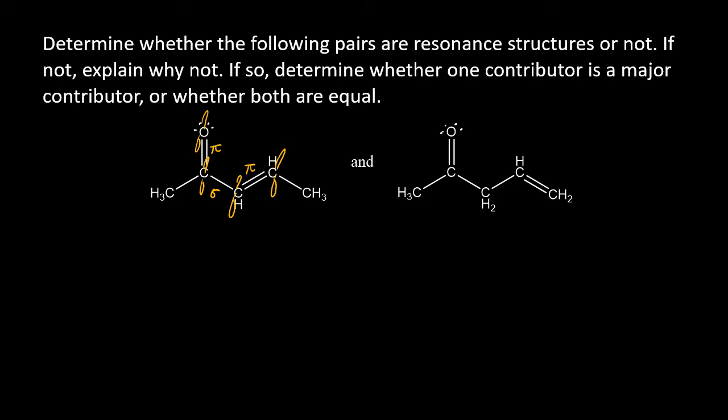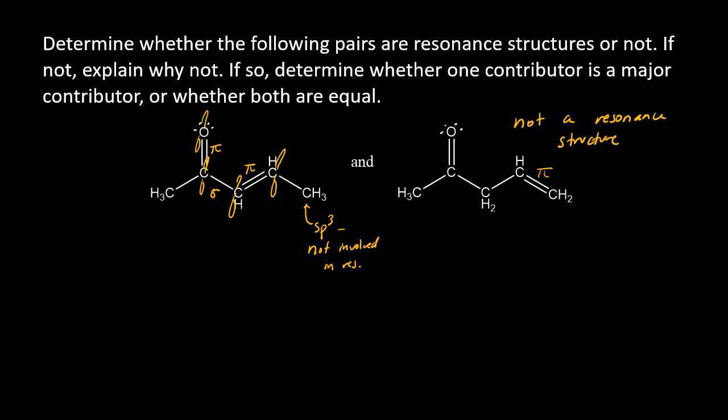But what we actually see over here is that this pi bond has moved outside of those 4 atoms. Okay, so remember that this was sp3 hybridized, so not involved in resonance. Okay, so if our double bond moved to that position, that means that this is not a resonance structure.